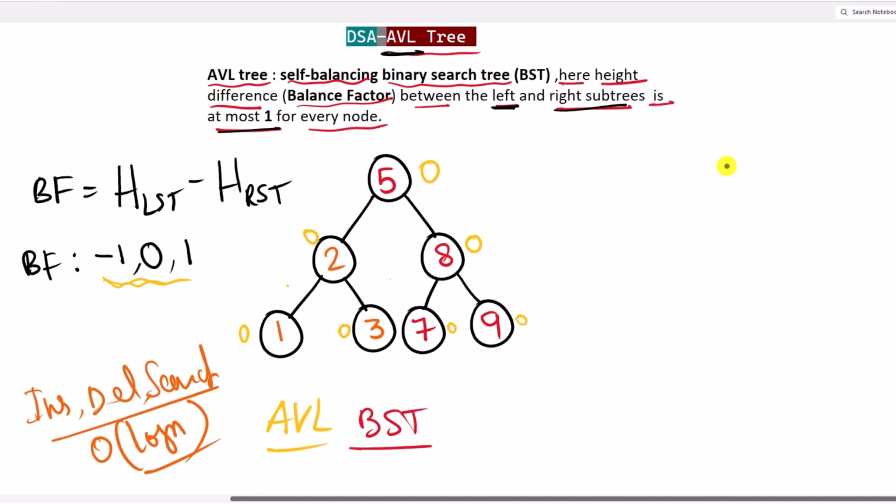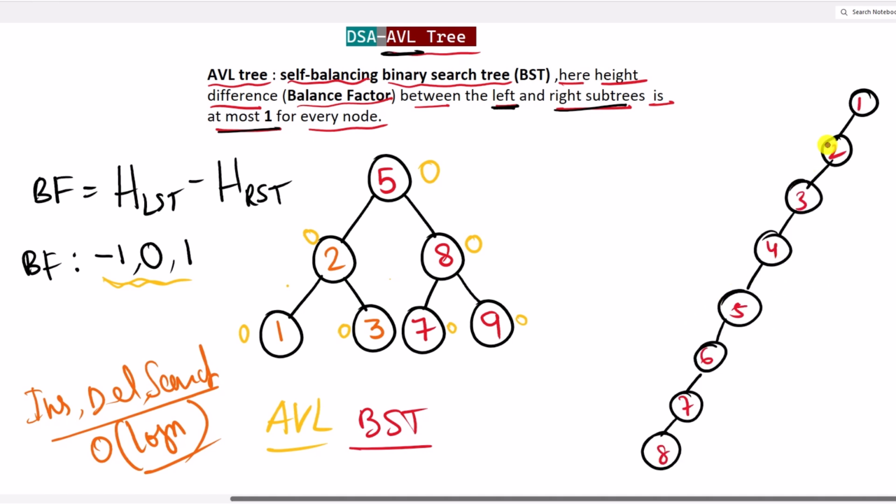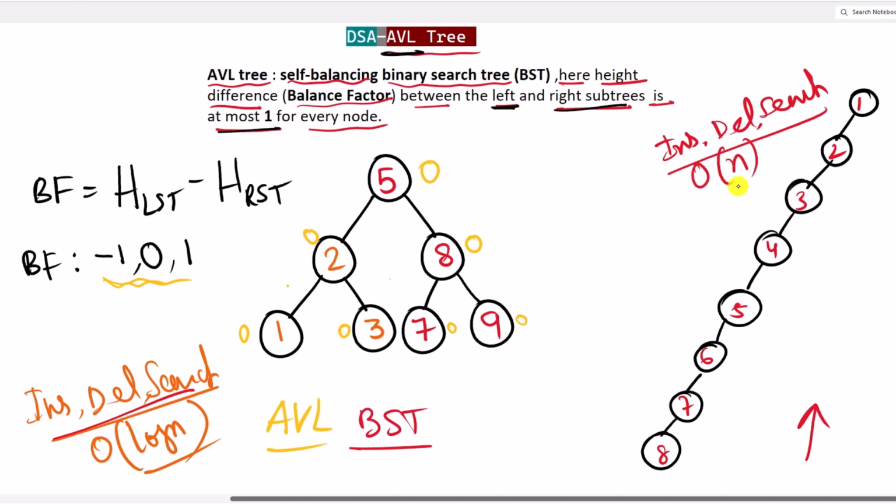Now the same tree, if the nodes are not balanced: here we have the same binary tree with the same nodes, but the tree is skewed. Because the tree is not balanced, if we perform insertion, deletion or search operations, they will have order of n complexity.